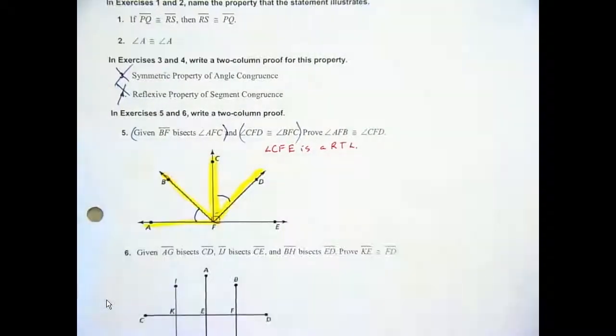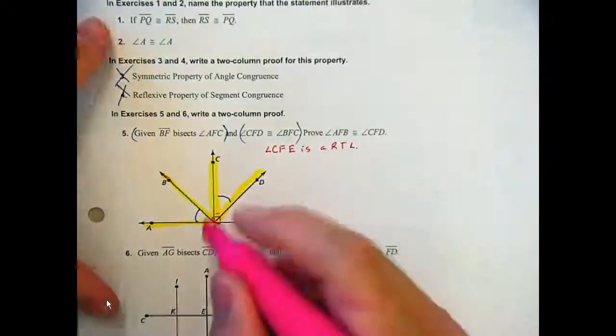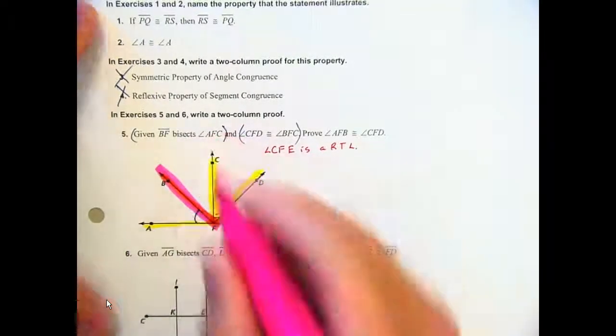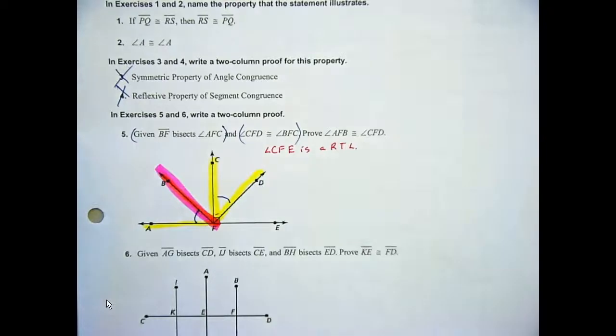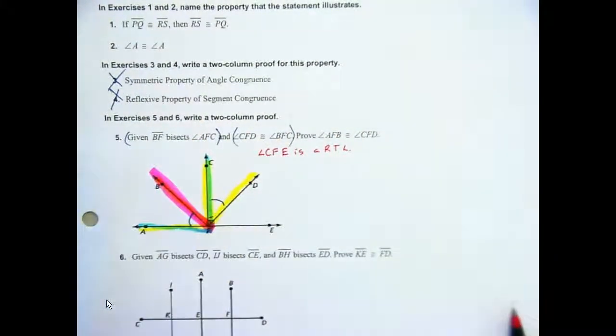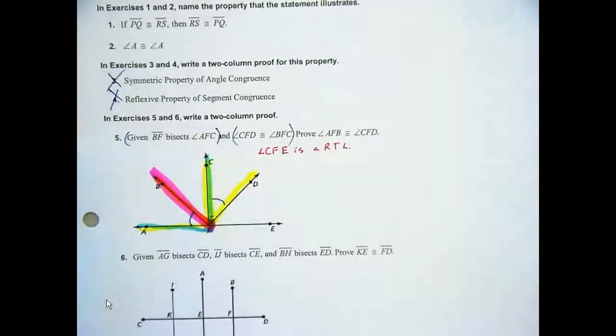There's got to be a way for us to figure out when I say this is a given statement, this angle right here bisects this angle right here. Okay? What does a bisector mean? What can we conclude? Talk with your group real quick. Okay, anyone have it?